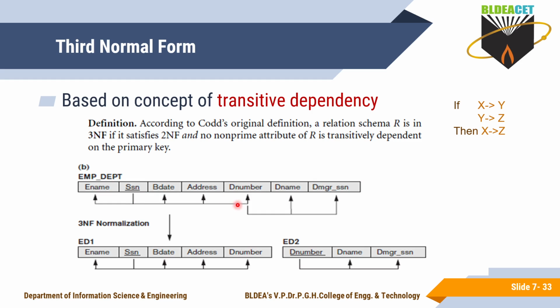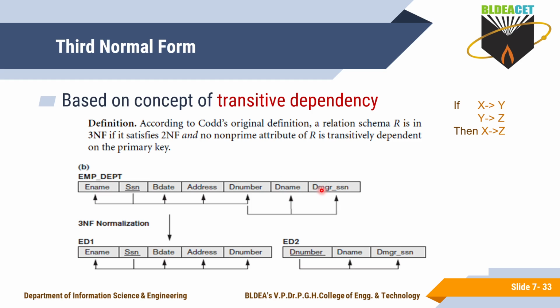So here D number, address, birth date and E name are dependent on SSN. And D name and manager SSN are dependent on D number, by applying this transitive dependency as I told earlier. So this D number is the Y here. SSN is your primary key, and this is your X, and D number is the Y. So D number is functionally dependent on SSN, and D name and manager SSN are the attributes you are taking as a subset of Z here.